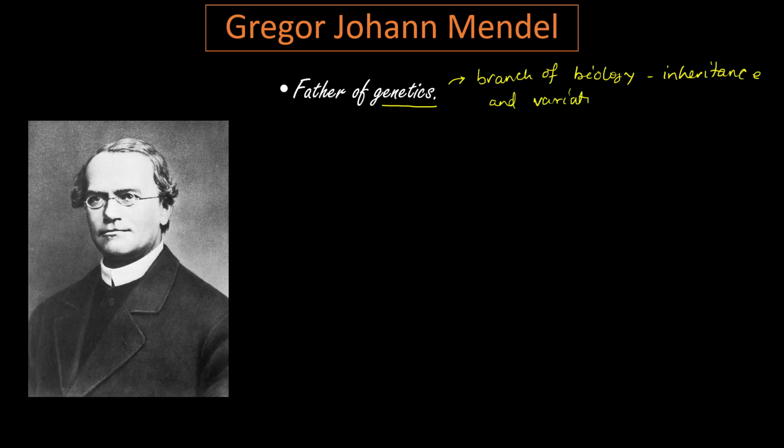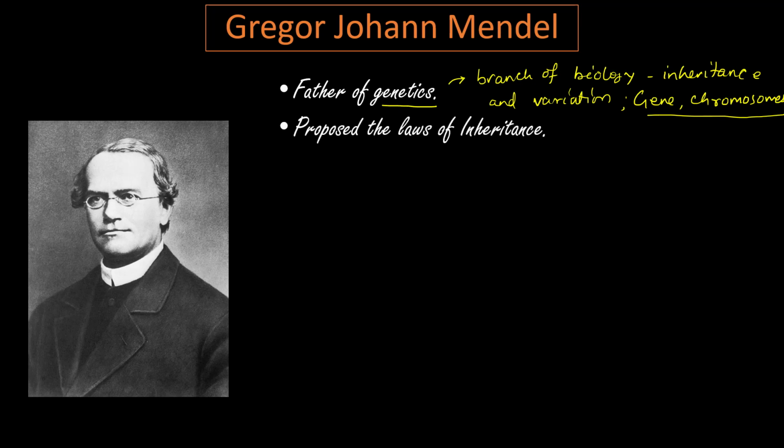Inheritance and variations. Now in here we also talk about the gene and the chromosomes, because when we talk about the inheritance pattern, we need to talk about the gene and the chromosome or the genetic material, how they behave, how they're going to act, what influence they have on the expression of the characters. So all of these we talk in terms of genetics.